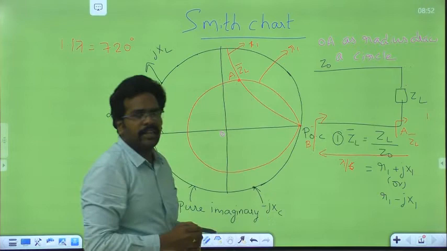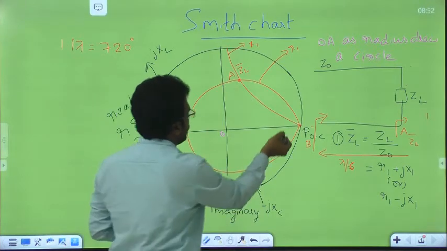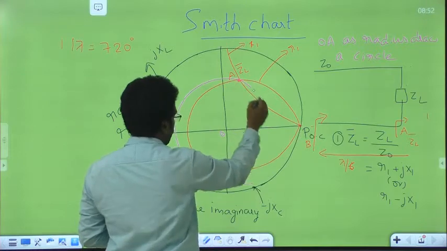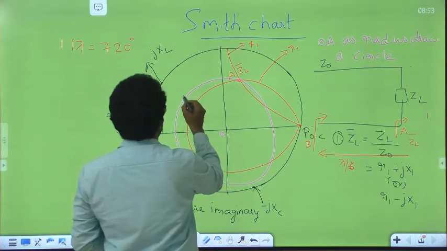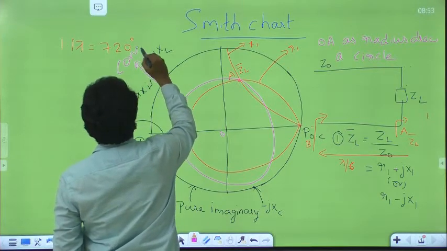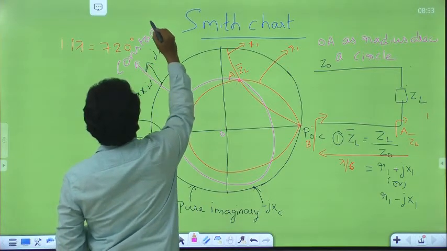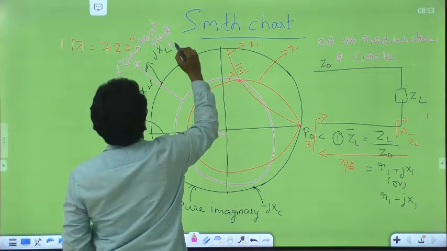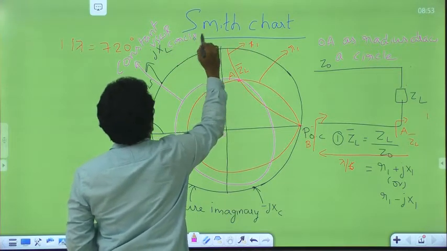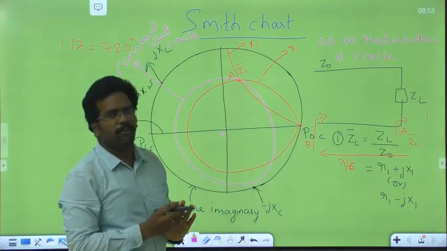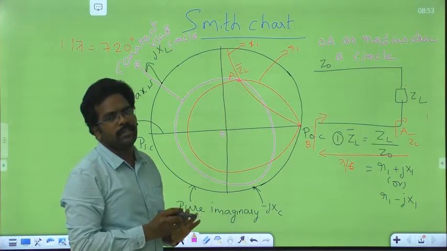That circle is called the constant VSWR circle. So this is the constant VSWR circle. Moving on the line is the same as moving on a constant VSWR circle.